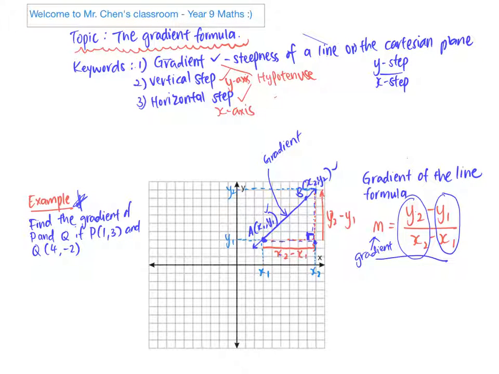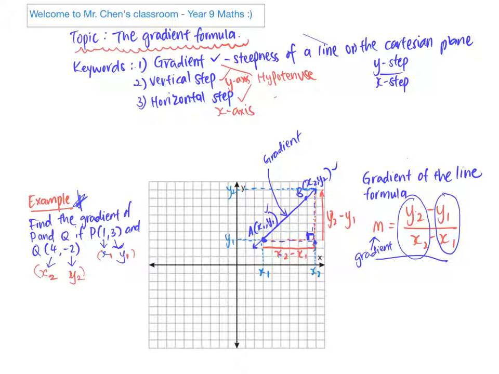Remember, x is always the first number, and y is always the second number in the coordinates. In this case, I'm going to make P the x1 and y1, and Q x2 and y2. Remember, it doesn't matter which way you go, as long as you are consistent, the answer will be the same.